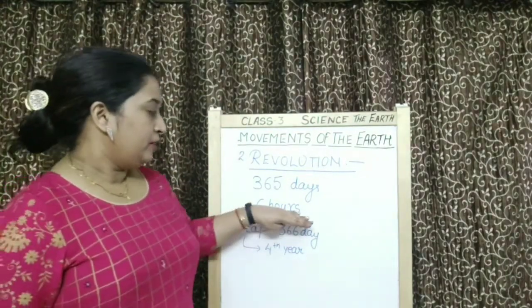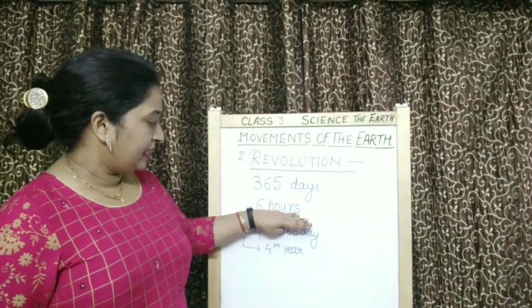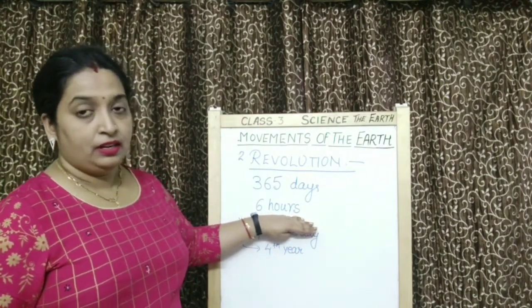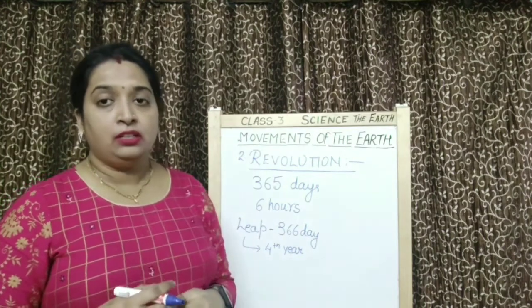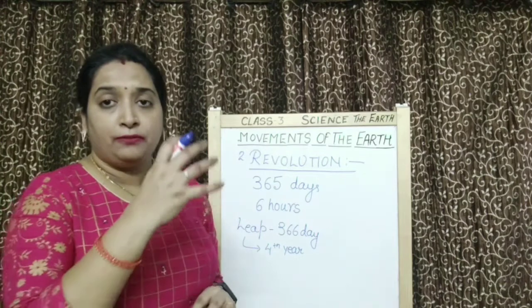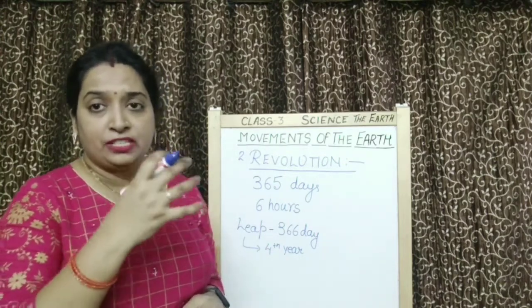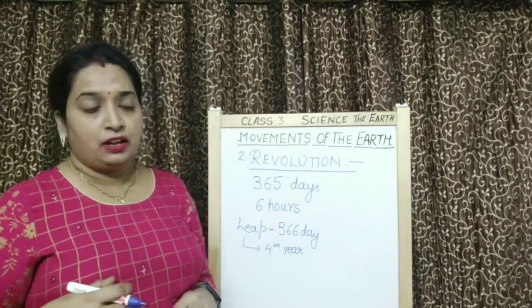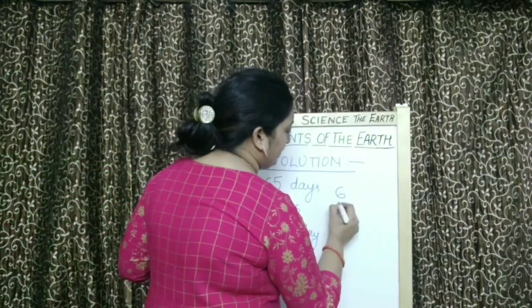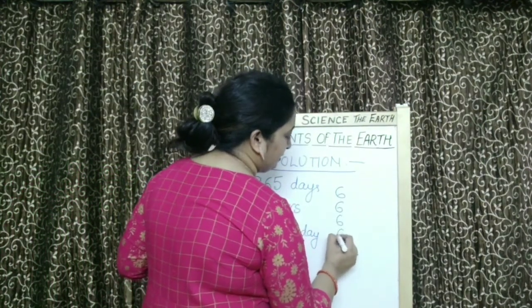So children, you are seeing that in every year these 6 hours we don't count. But if you count these hours for 4 consecutive years, for the 4 years which are coming one by one, what will you find? You will find 6, 6, 6, 6.